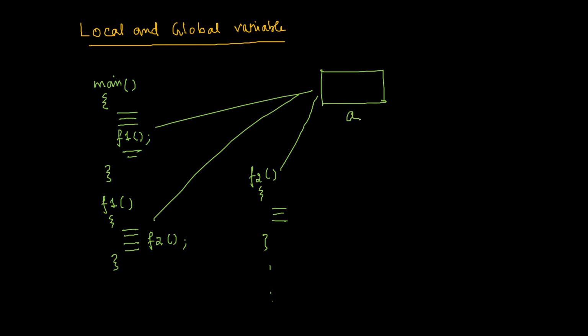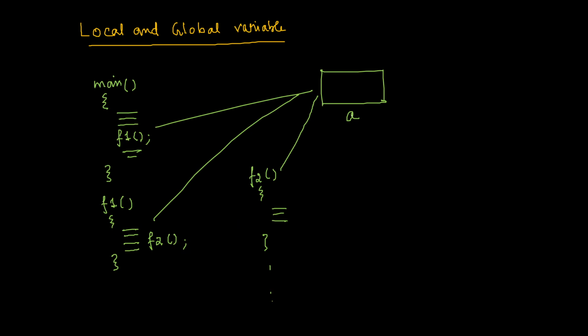Suppose the variable name is A. If I want to access the value of this A variable by all the functions in such a way that if I change the variable value in the main function, all the other functions can get the updated value of A, and the same for the others, then what is the best way to declare the variable?